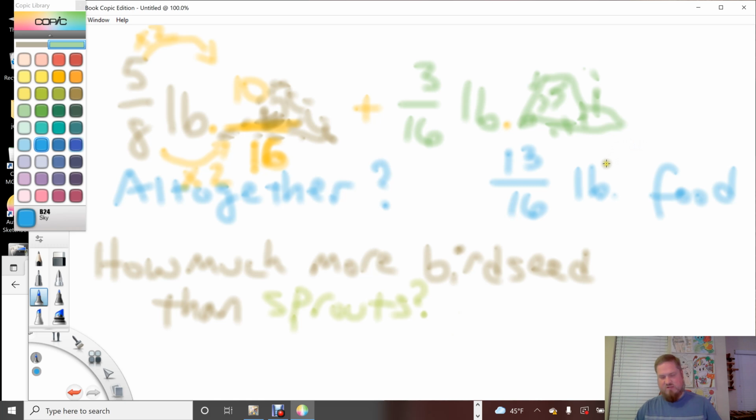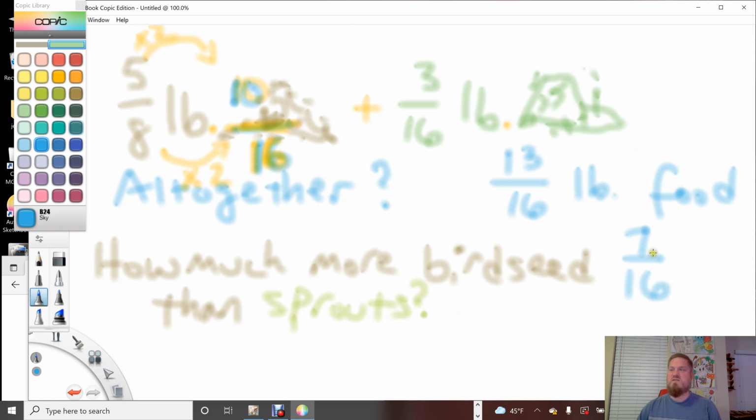Yep. Then the next question is, how much more birdseed than sprouts? Well, we just are going to start out with the same thing. We've got the 10/16. That's more than 3/16. What's 10 minus 3? 7. 10 minus 3 is 7.